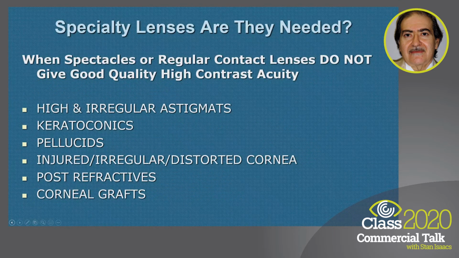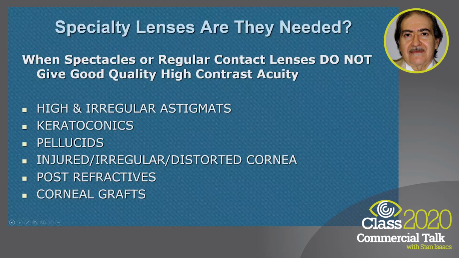Why would you say you need to use specialty lenses? When I asked a practitioner friend of mine, how many specialty lenses do you use? He said, why would I bother with that? Because it wastes so much time and is so time consuming. And if I refit a patient a few times, you tend to lose a lot of money.